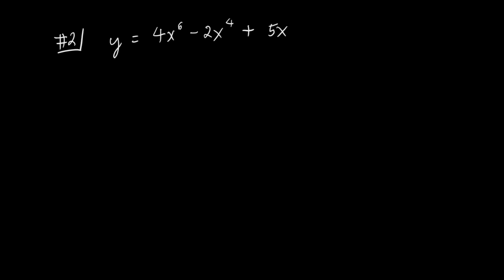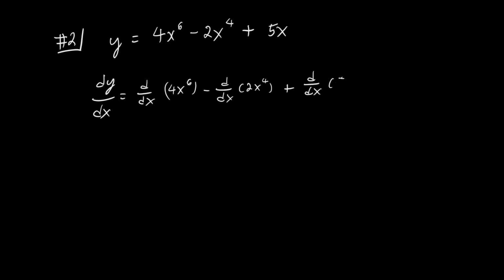For number 2, we have y is equals to 4x raised to 6 minus 2x raised to 4 plus 5x. To derive this, we have to take the derivative of each term. So dy over dx is equals to the derivative of 4x raised to 6 minus the derivative of 2x raised to 4 plus the derivative of 5x.